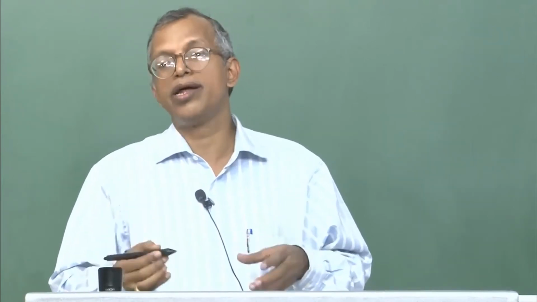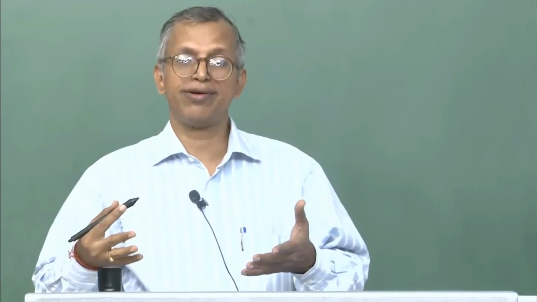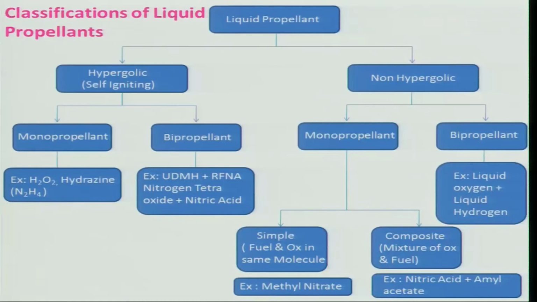propellant, a single liquid propellant, where both the fuel and oxidizer are together. A very common example is hydrogen peroxide. Now, how will it react? If it reacts, it is difficult to handle.